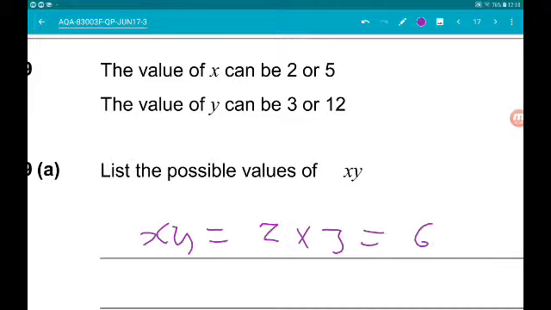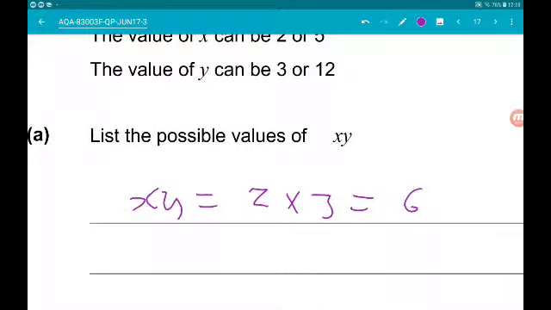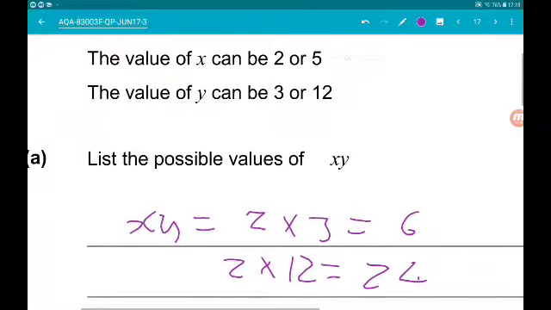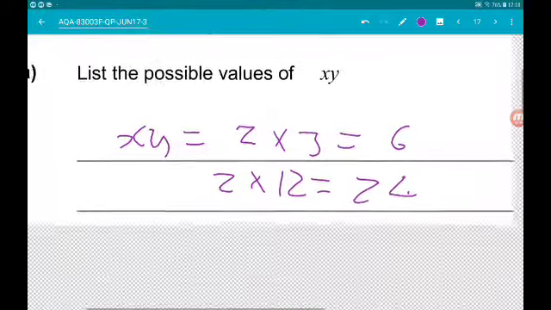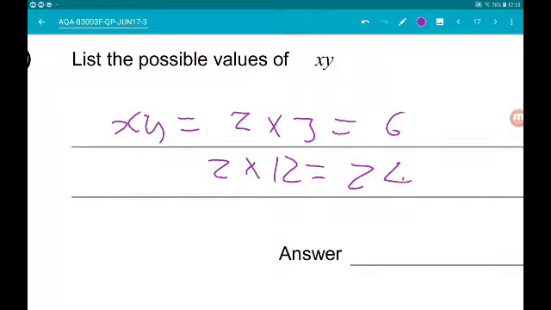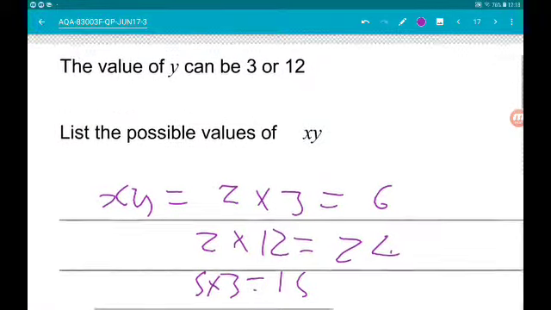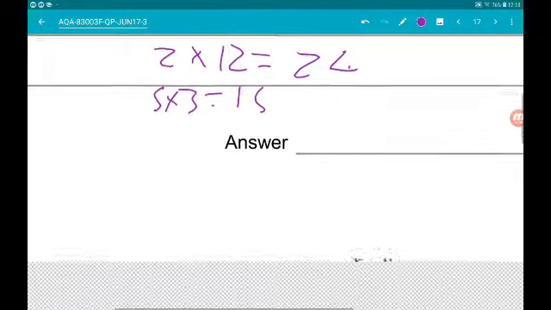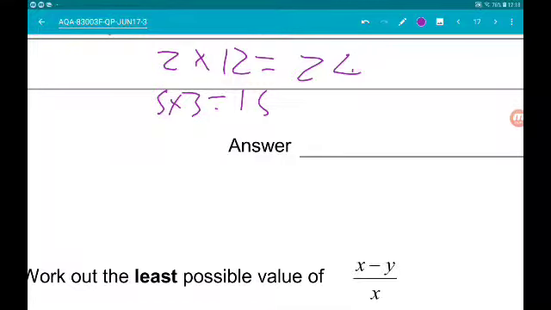It could be 2 times 12, which is 24. It could be 5 times 3, which is 15, and it could be 5 times 12, which is 60. Cool.